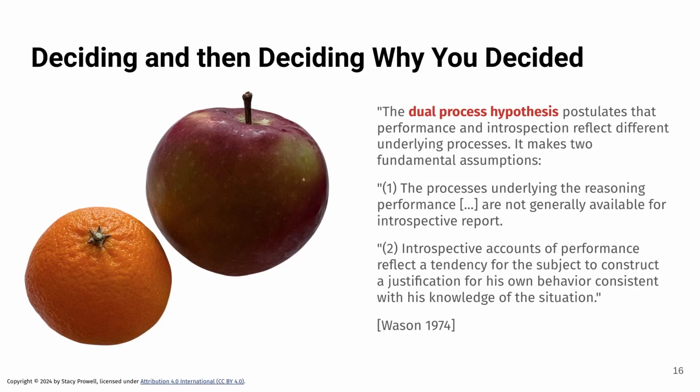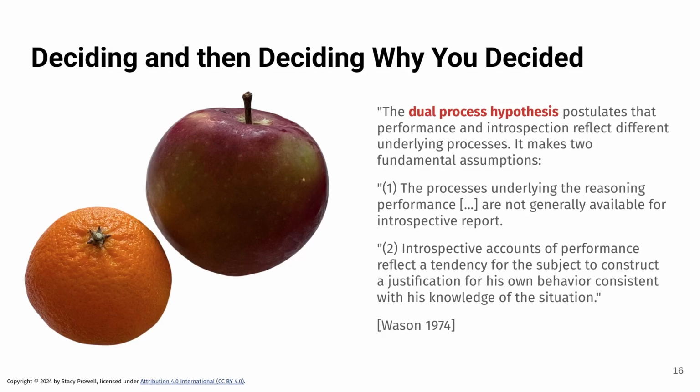And the orange is sweet, and you give me a bunch of reasons, and maybe those are valid, and maybe those factor into your decision. But what we find is the processes underlying the reasoning performance, making the choice, are not generally available for introspective report. You're not thinking carefully through this process.